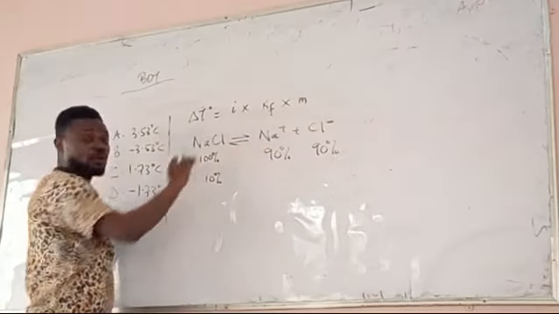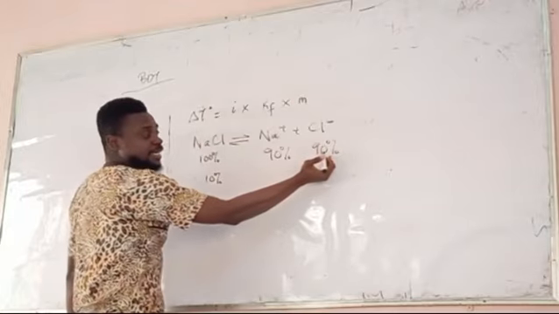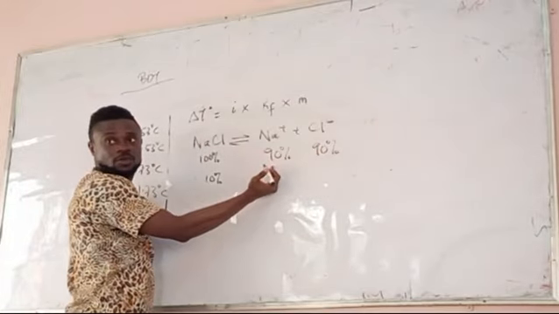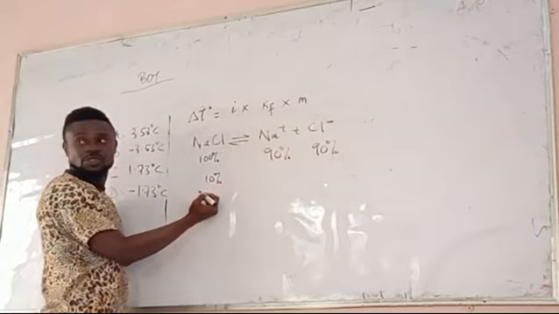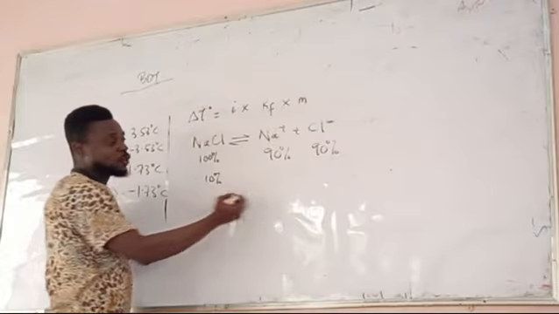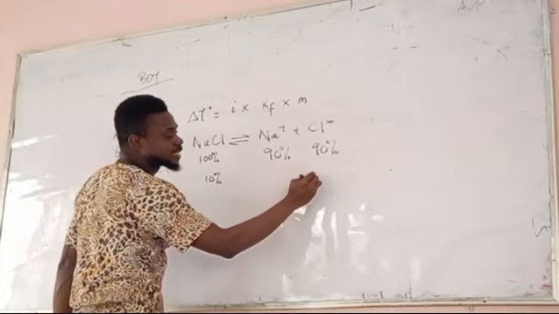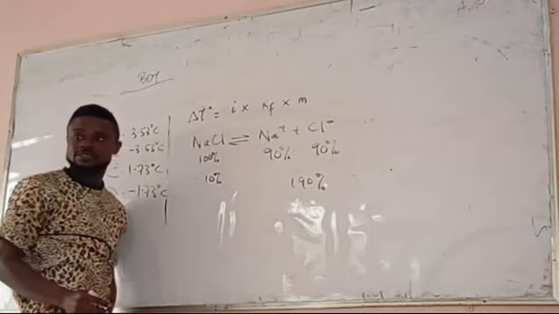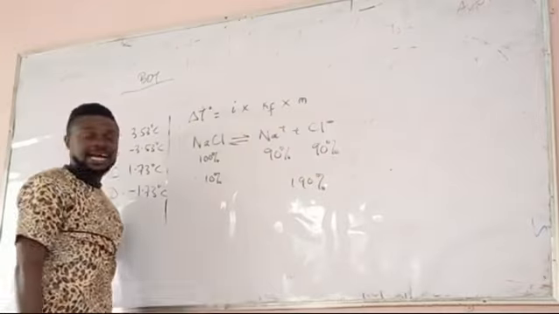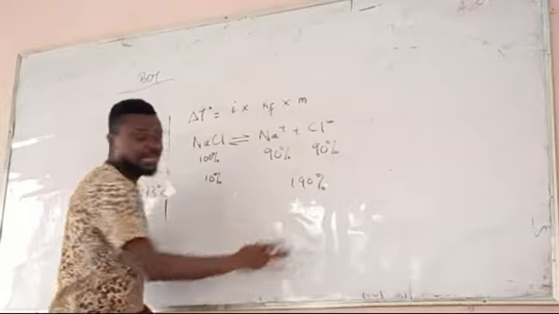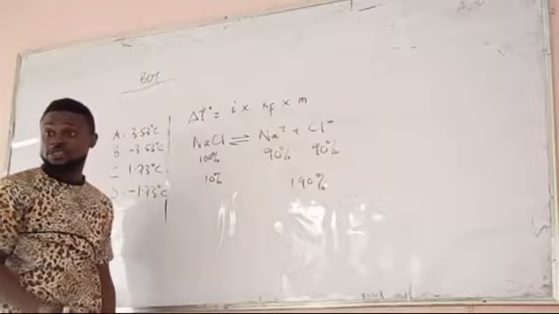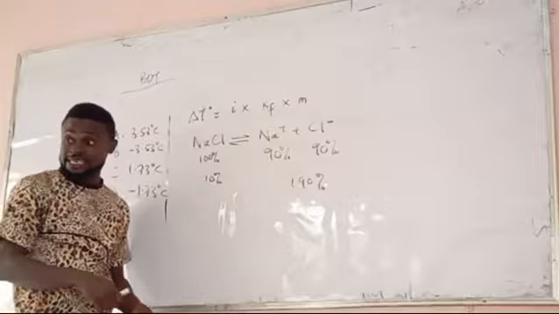The dissociated ones are 90% plus 90%, which is 180%, plus 10% is 190%. So we have 190% particles in that system after dissolution and dissociation.